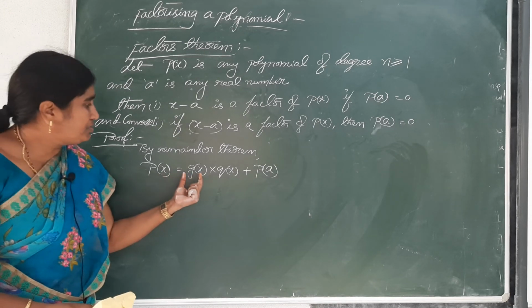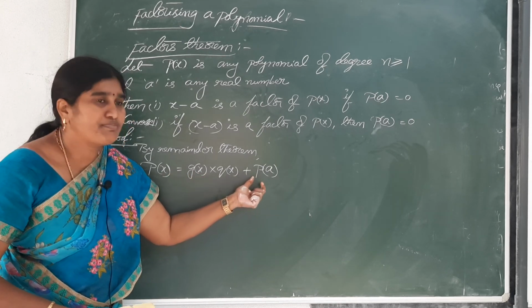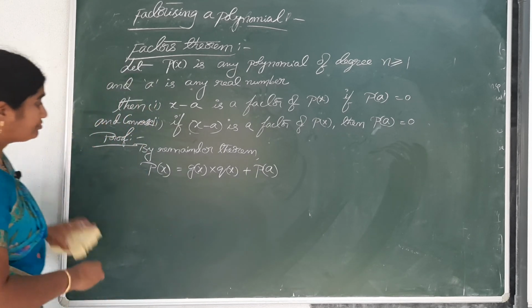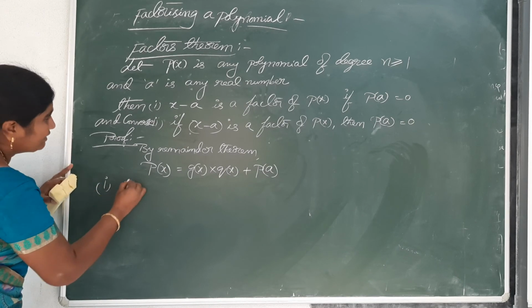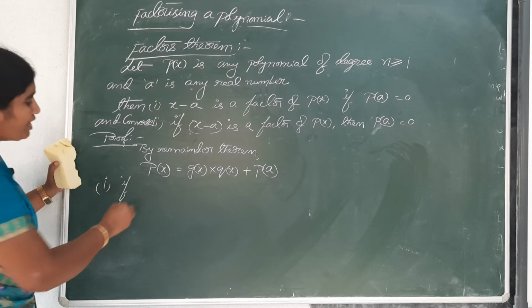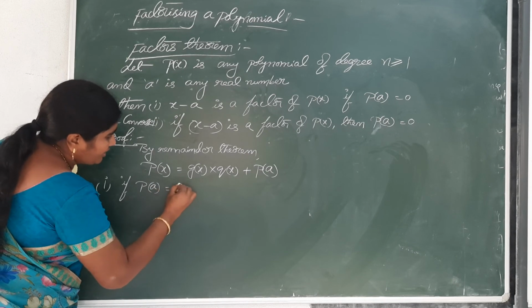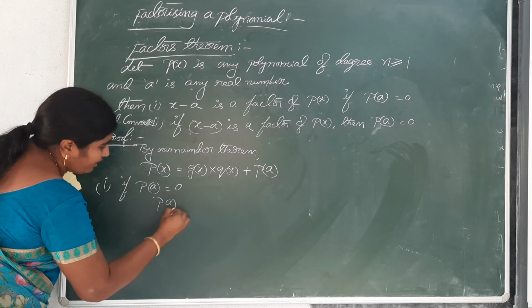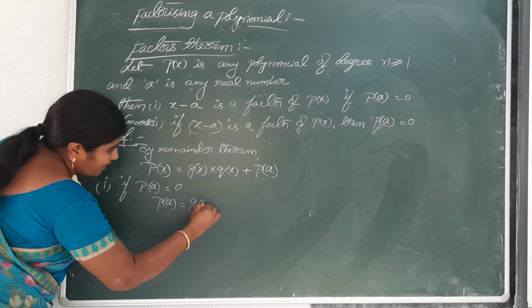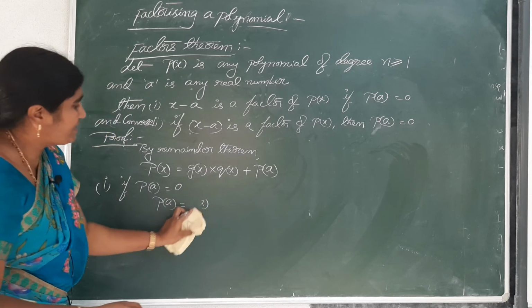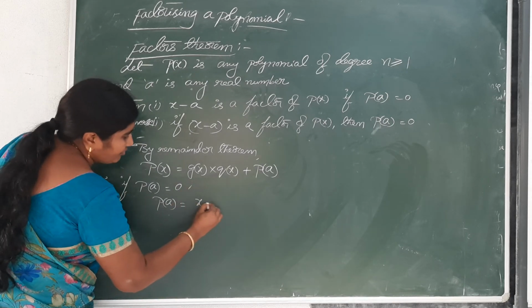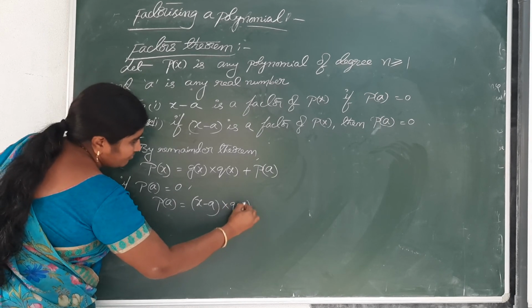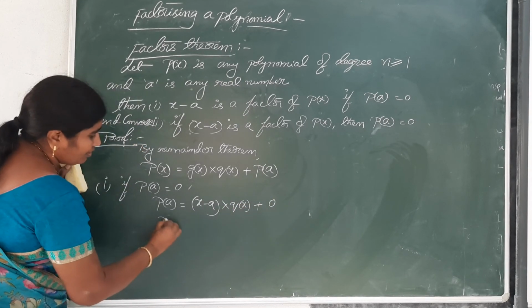First, consider p of a equal to 0. We get p of x equal to g of x into q of x plus remainder 0, where g of x is x minus a, the divisor.